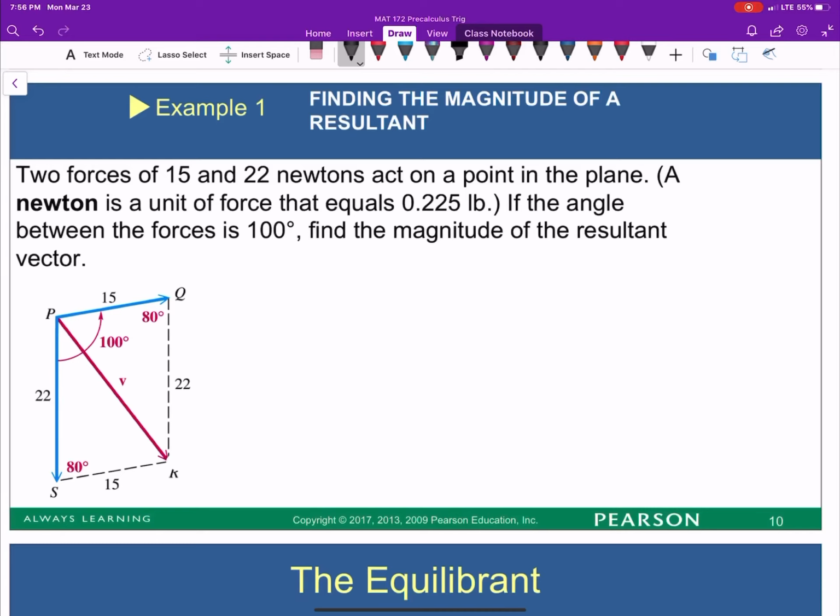We know that they share point P. If you notice the resultant, we write the resultant from the middle, which we will call V. So we will be finding basically the vector V. Take a minute and go ahead and write this.